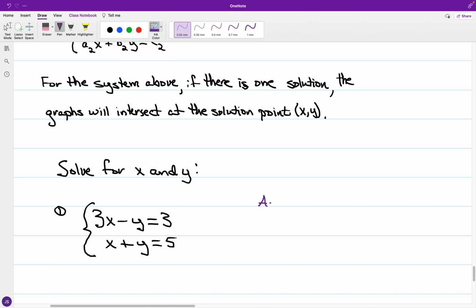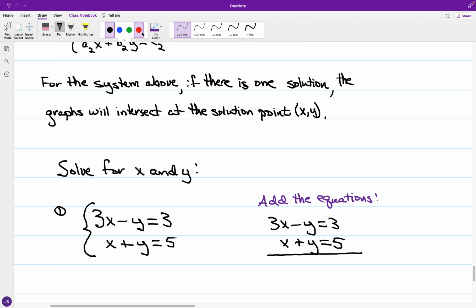So if I add the equations, we have 3x minus y is equal to 3, and we have x plus y is equal to 5.